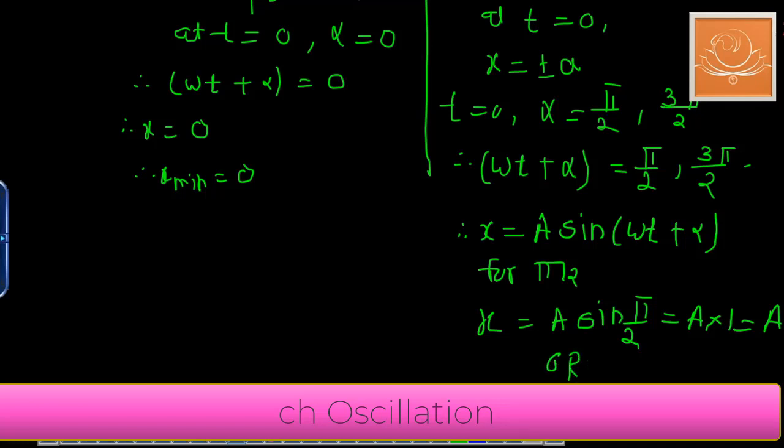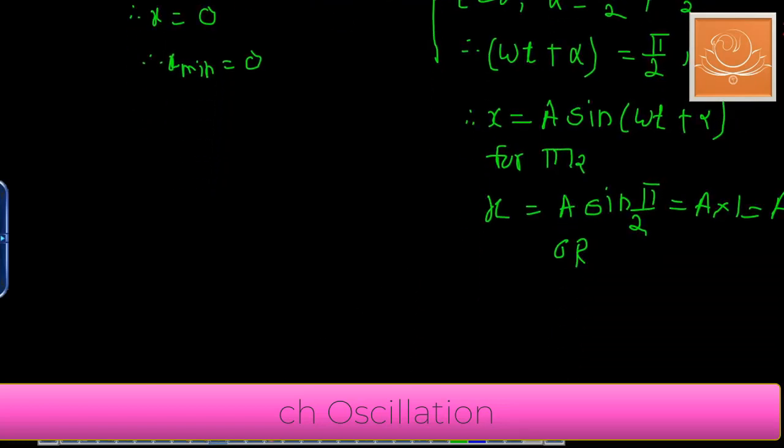Or for 3 pi by 2, x equal to a sine 3 pi by 2, which is equal to a multiplied by minus 1, which is equal to minus a, because sine of 3 pi by 2 equal to minus 1.